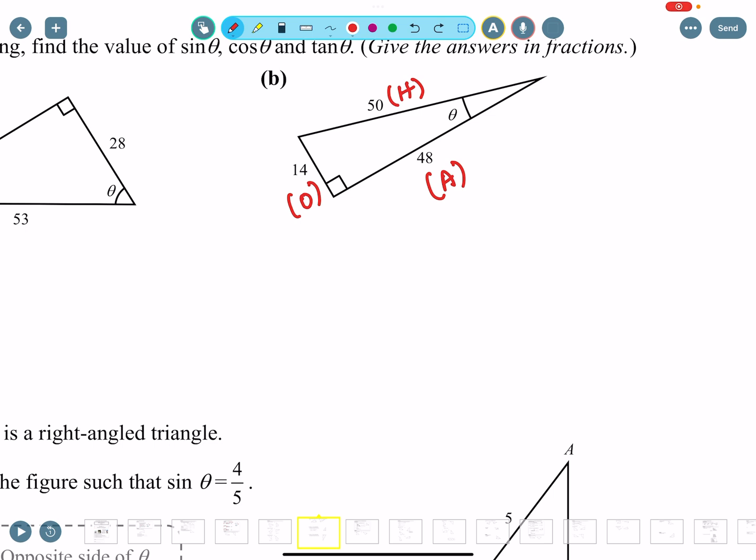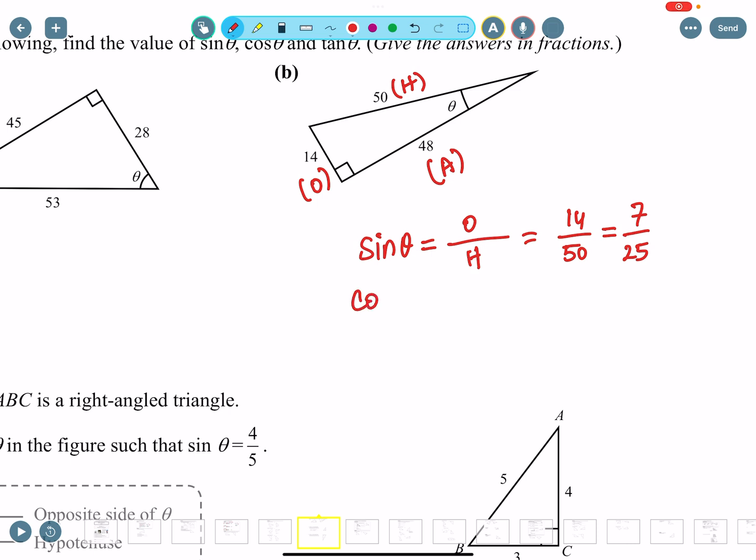All right, SOHCAHTOA. Sine theta equals O over H, so opposite is 14 divided by H, 50. Simplify the fraction and you get 7 over 25. For cosine, theta equals A over H, so the adjacent side is 48 over 50.